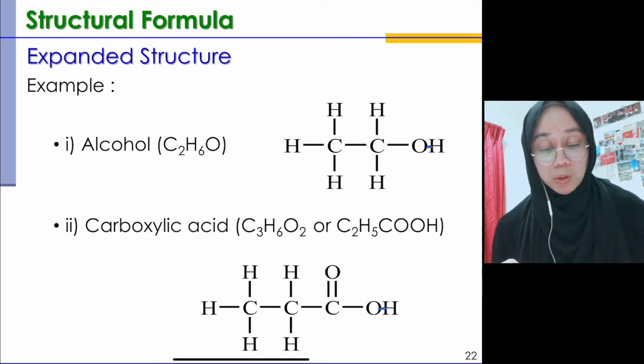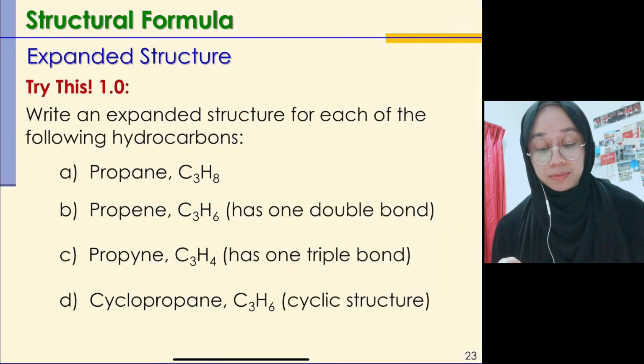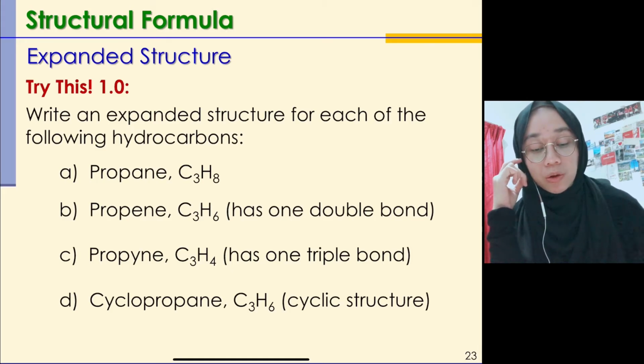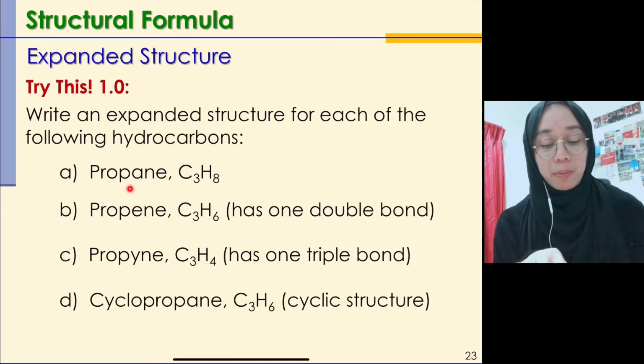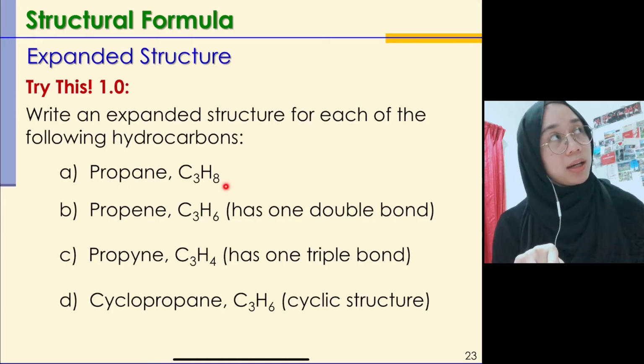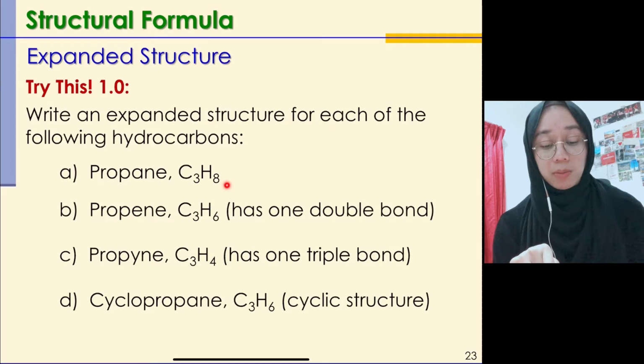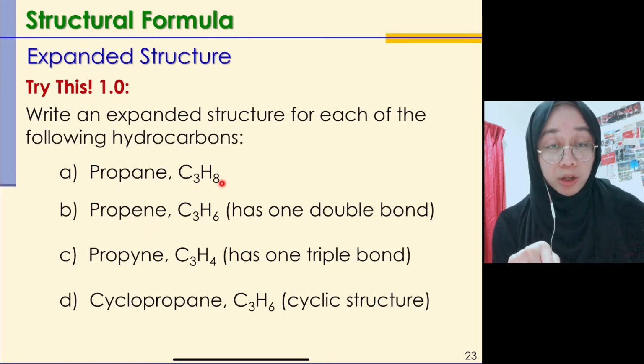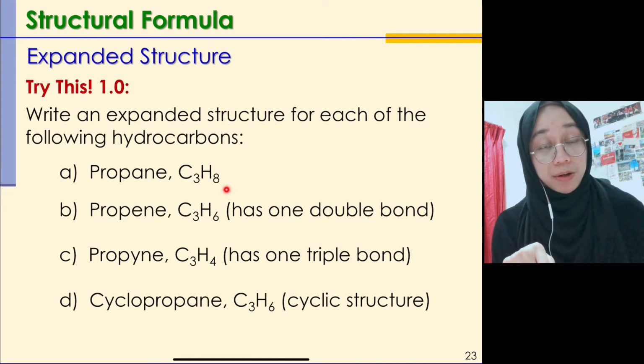Okay, so now, you can try this one. In this case, yang A ni tak ada masalah. A ni propane. So semua bond yang ada adalah single bond. Dan kalau yang B ni pula dia adalah propene. So tolong perhatikan betul-betul lah berapa banyak carbon yang ada, berapa banyak hidrogen yang ada.